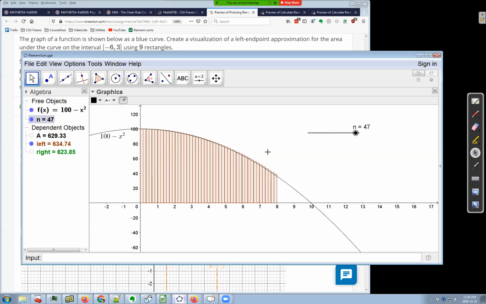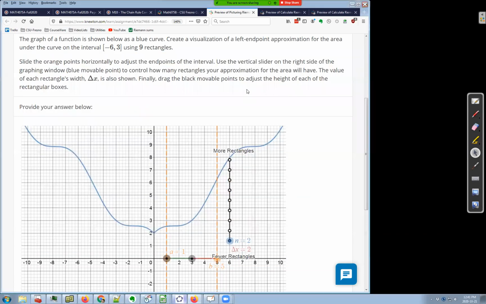So that's what this week is all about: getting comfortable using rectangles to estimate the area under a curve. And then next week, we'll see how to extend those ideas to find the actual area under the curve.